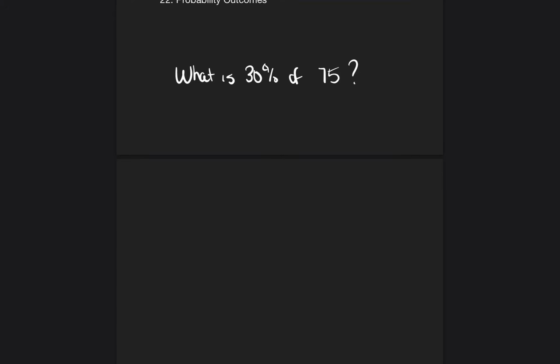Okay, so the way that we do this is you change 30% into a decimal. So remember, changing percentage to decimal, we learned that earlier. We move it over twice. So 30% will be 0.30. The of represents multiplication, and the 75 stays the same. So 30% of 75 is the same as 0.30 times 75.